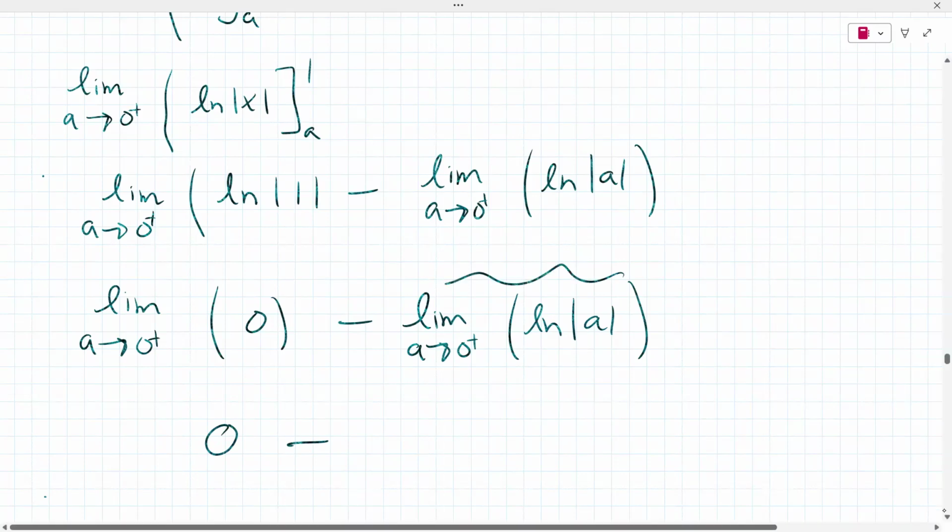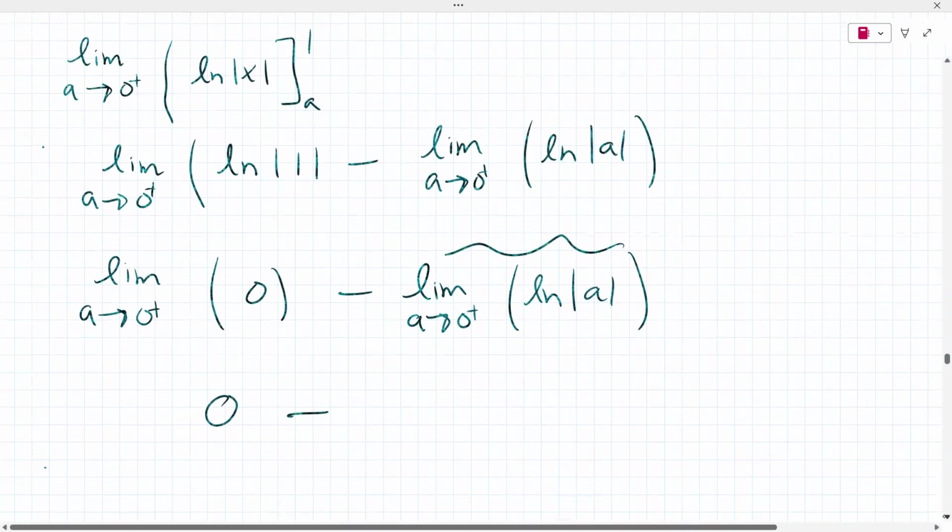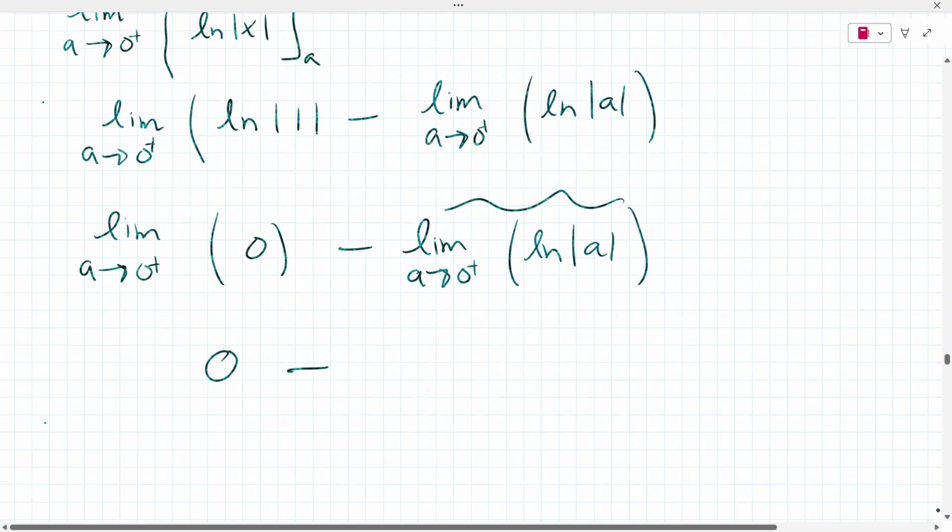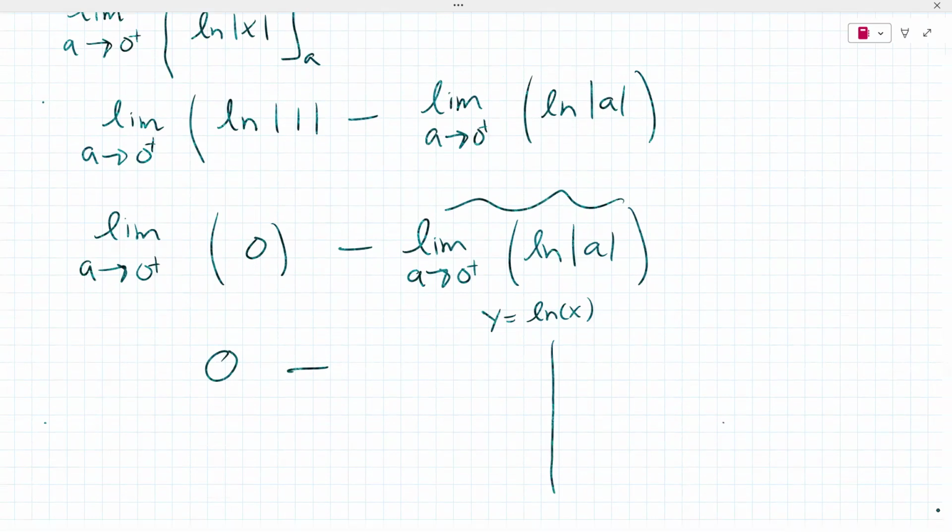So if you recall, what does the natural log graph look like? It looks like this. It has an x-intercept of (1, 0), and then it slowly starts to decrease like this.